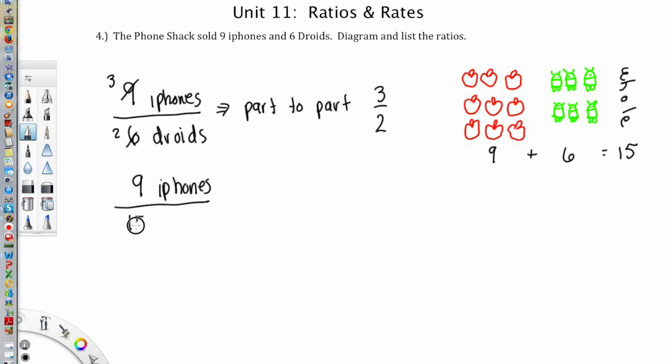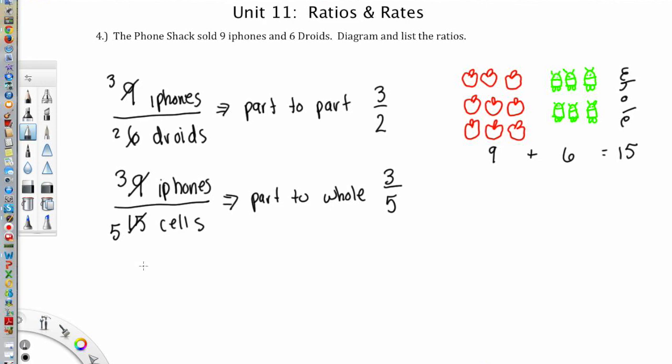So there's 15 cell phones in all, and this is a part to whole ratio, and this can be simplified by factoring a 3 out of both the 9 and the 15, and we would get 3 iPhones sold out of every 5 total phones.